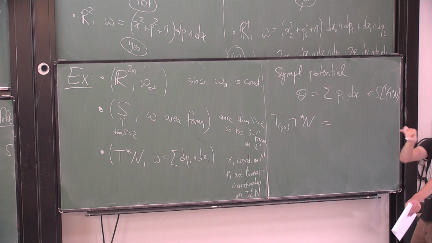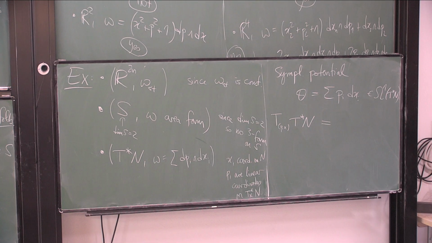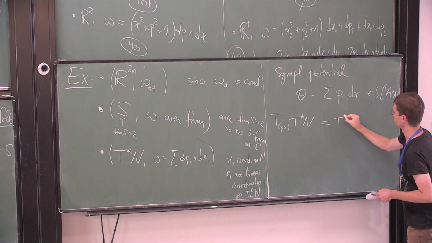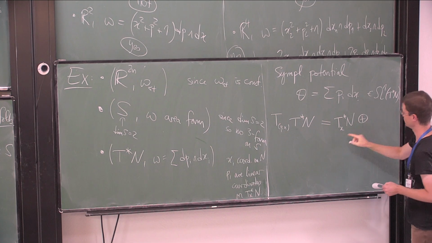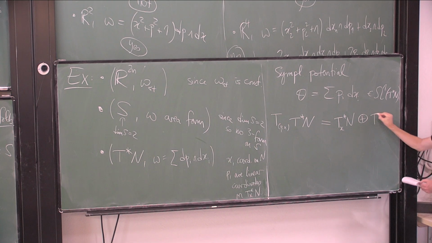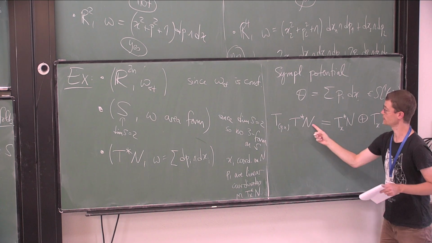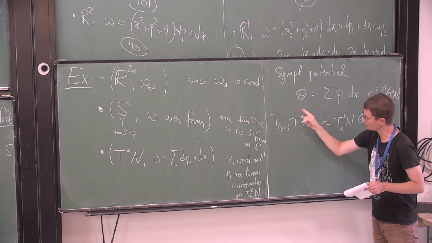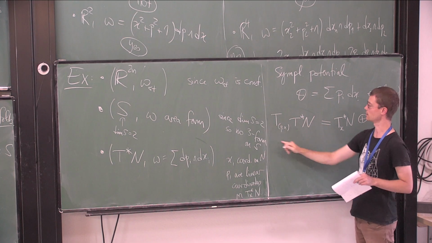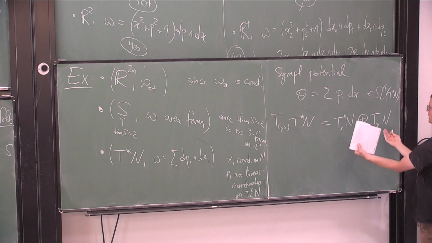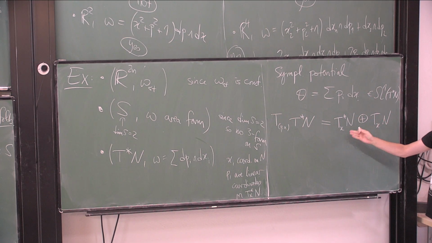So when you vary in this direction, you again see the cotangent space, the cotangent fiber at x, and you see the tangent space at n. The cotangent direction is already a linear space. So you can decompose your vector field into a cotangent part and a tangent part.